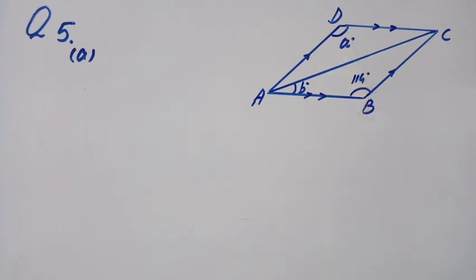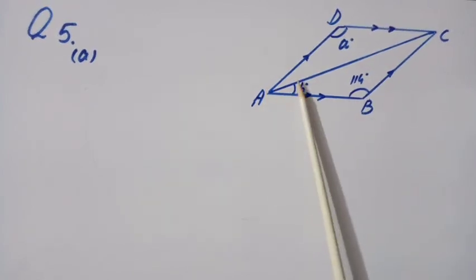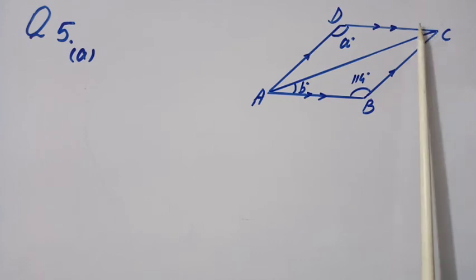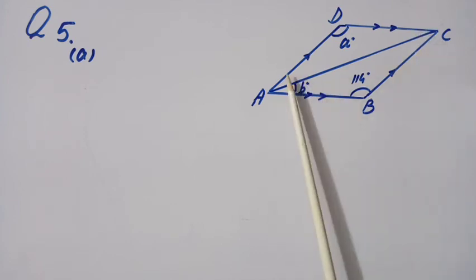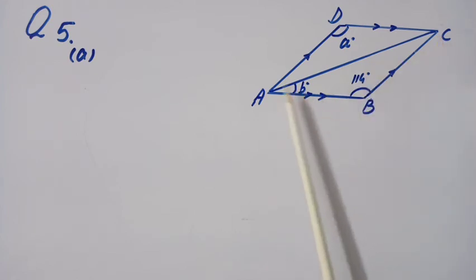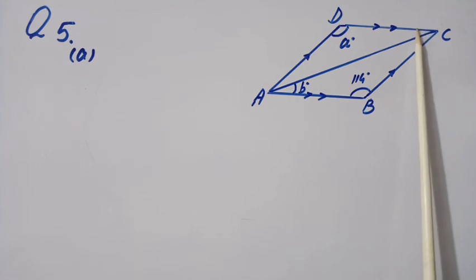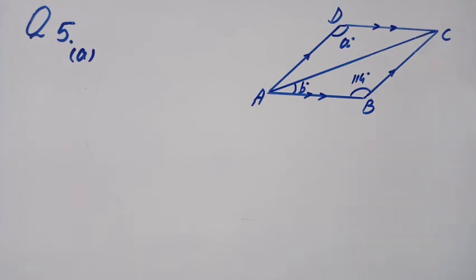Clear? और ये जो diagonal है, diagonal bisects the interior angles. Clear? अब ये जो diagonal है AC, this is bisecting angle at the point A and the angle at the point C. Clear?